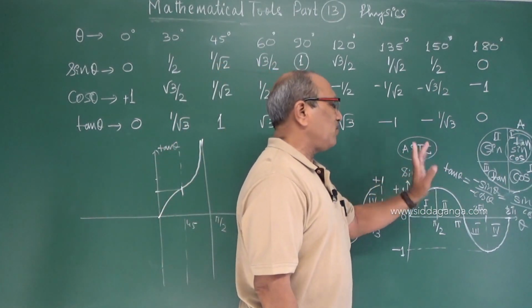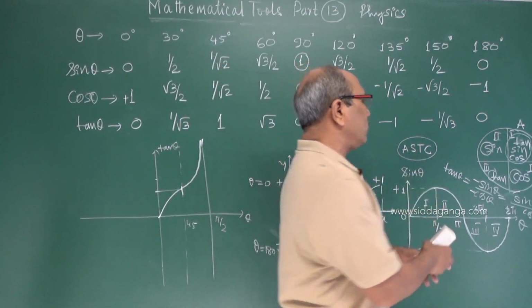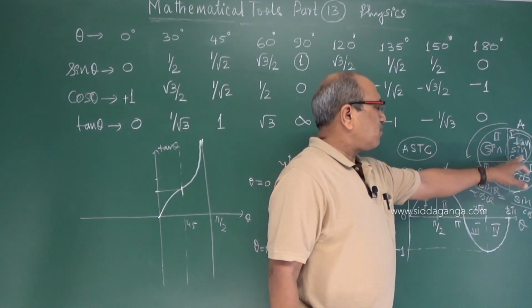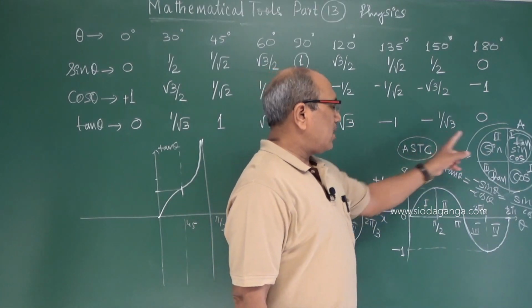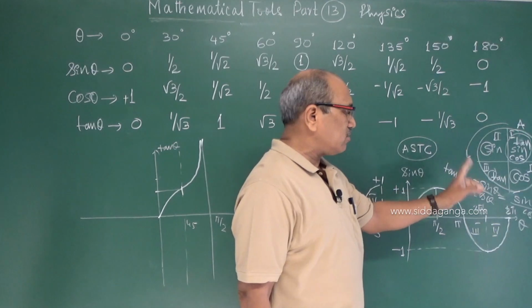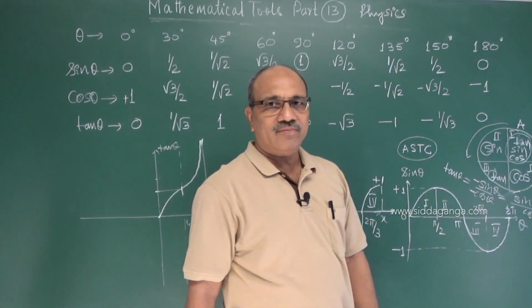Add sugar to coffee. Add sugar to coffee means move in the anti-clockwise direction. All are positive: tan, sine, cos are positive. Sine is positive in the second quadrant. Tan is positive in the third quadrant. Cos is positive in the fourth quadrant.